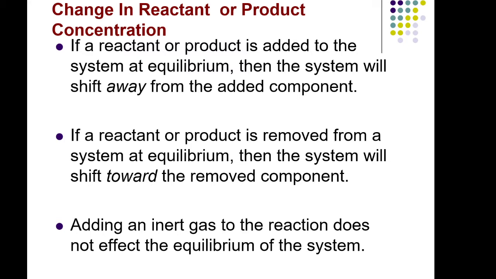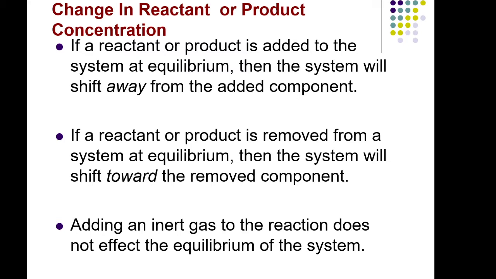If I remove a reactant, I'm going to shift towards the reactant side and replace what I took away. It's like, I have a refrigerator full of eggs and I use up all the eggs. So what do I do? I go and buy more eggs. My reaction loses product. In order to get back to equilibrium, I need to replace that. So I'm going to shift towards what I removed.